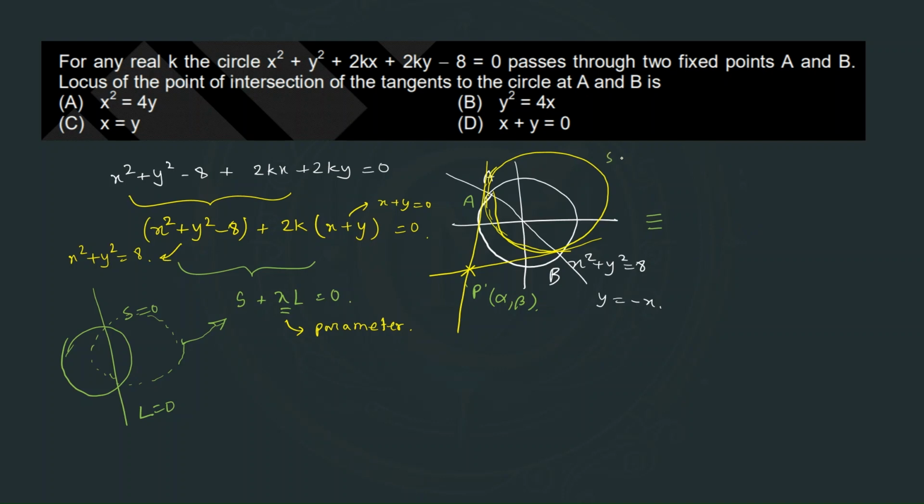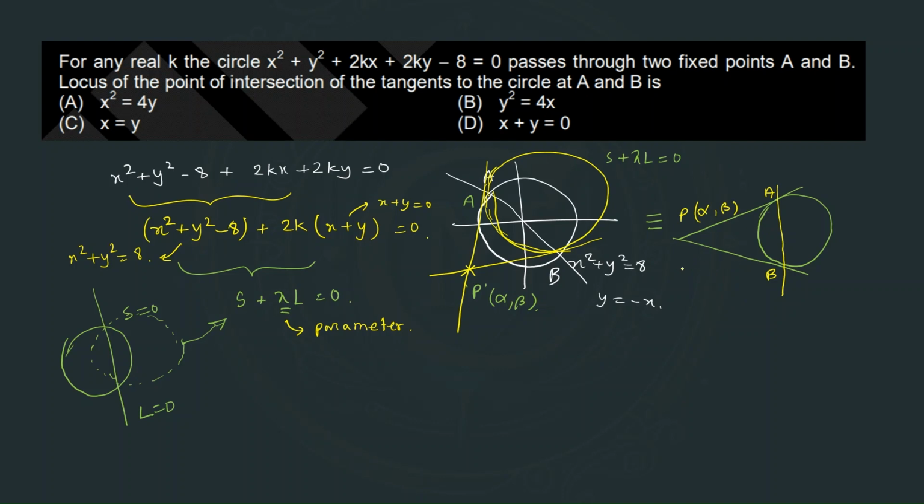This circle, which is S plus lambda L equal to 0, is this, and there are two tangents like this, and there is the line AB, which is given by the line x plus y equal to 0, and this is the point P, which is alpha comma beta.